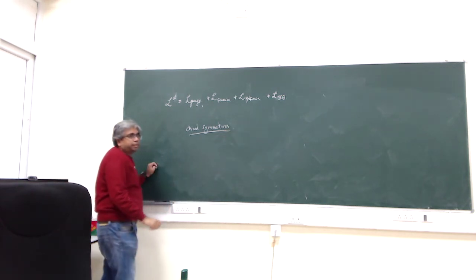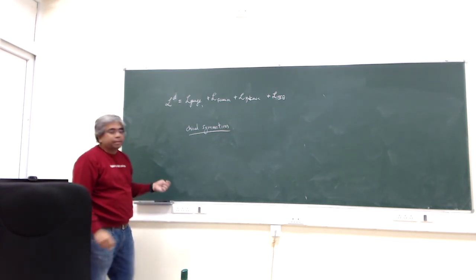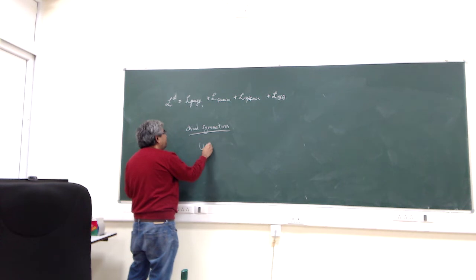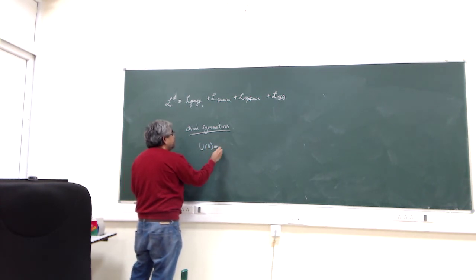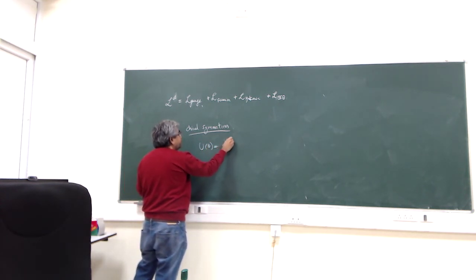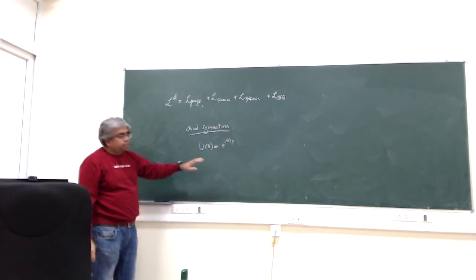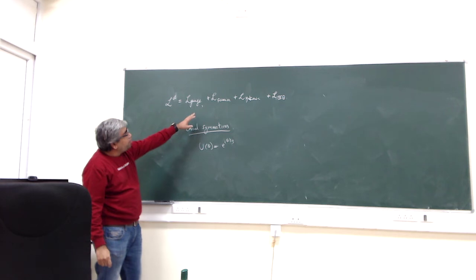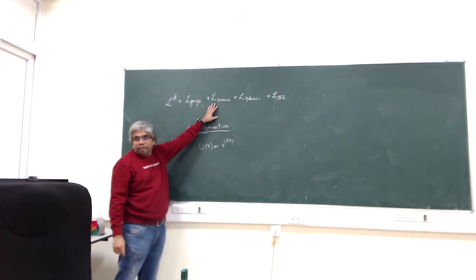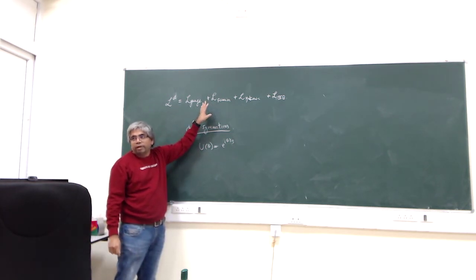What is a chiral symmetry? Chiral symmetry is nothing but some Q of theta is equal to P of theta. It's a global symmetry. So fermion mass corrections are protected by chiral symmetries.